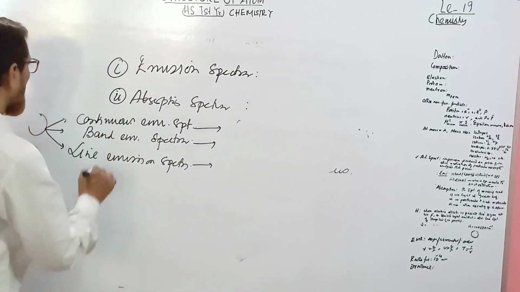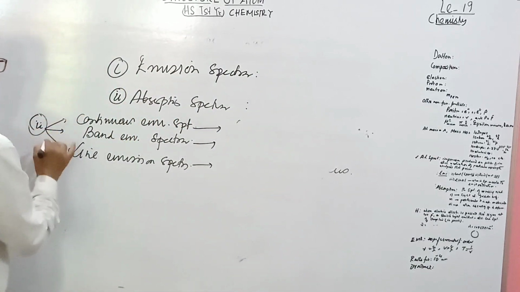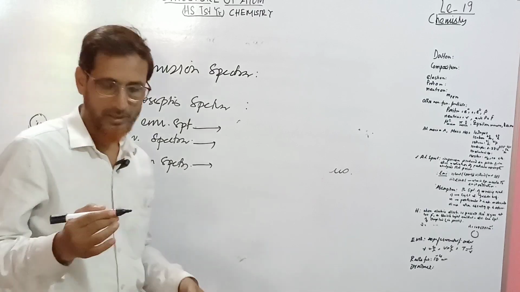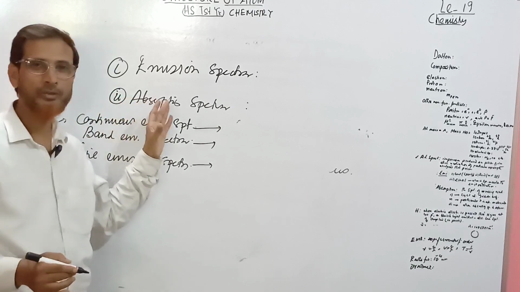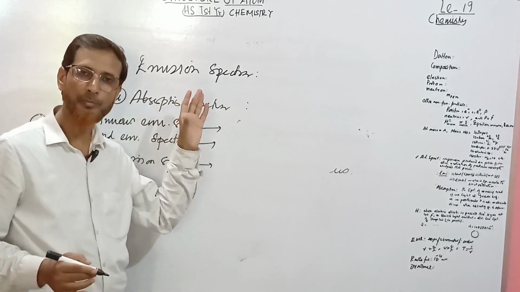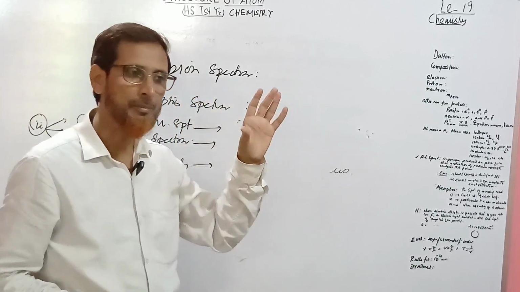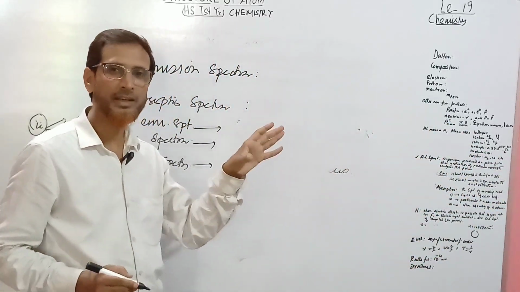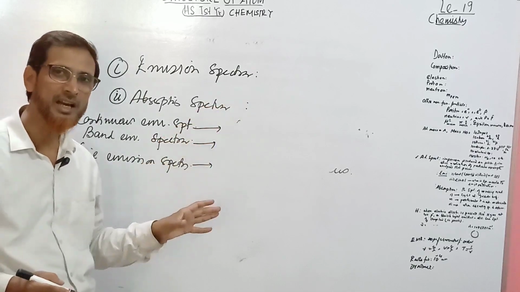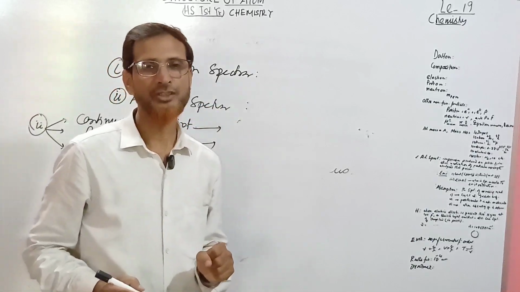Now, if you talk about absorption spectra, what is absorption spectra? I am telling the definition orally. When the spectra of a species is made to pass through some substance or media, some particular wavelengths are absorbed by the media or the substance.